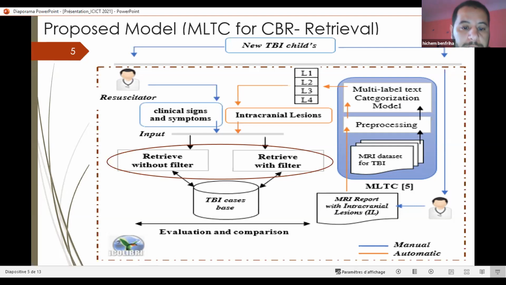A filter step is proposed to reduce the case base before starting the process of searching for similar cases. This filtering will remove from the search space all cases having lesions different from those of the new case.